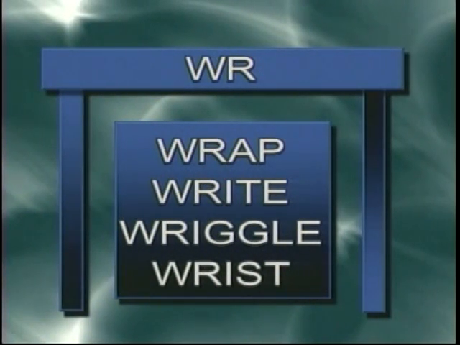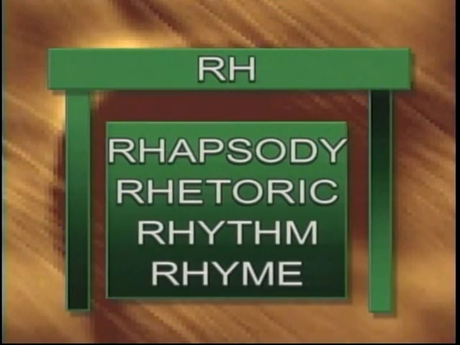WR, just say R, as in wrap, right, wriggle, wrist. The consonants RH just say R, as in rhapsody, rhetoric, rhythm, rhyme.